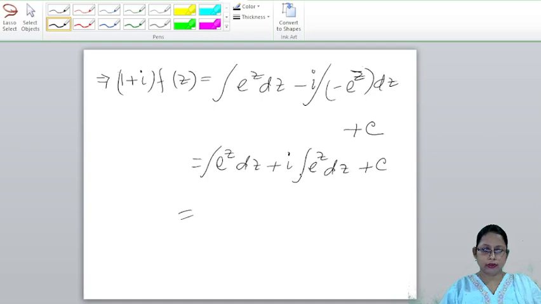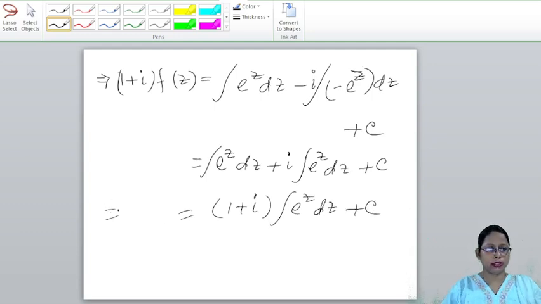Taking the integral of e to the power z dz common, it will be (1 plus i) times the integral of e to the power z dz plus c. So this is equal to (1 plus i) f(z).